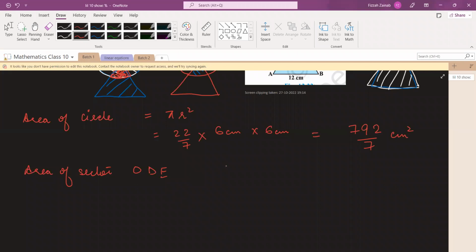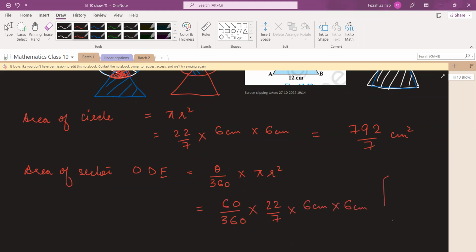So the formula, you know, theta divided by 360 into pi r square. Now what is the theta here? Can anybody tell me? It's 60, because it's an equilateral triangle. Very good. 60 degree divided by 360 degree into 22 by 7, and radius is 6 centimeter into 6 centimeter.